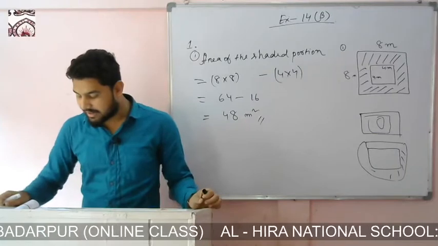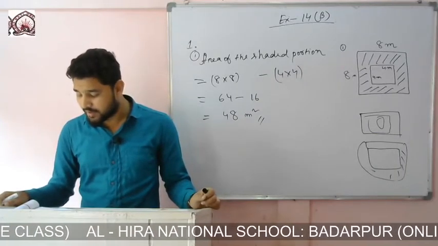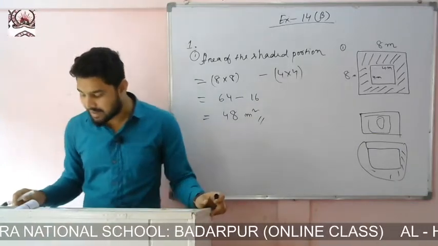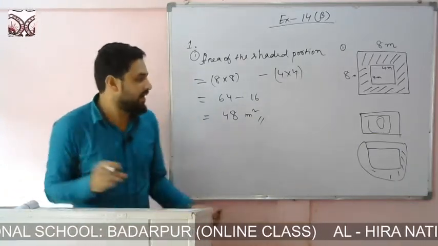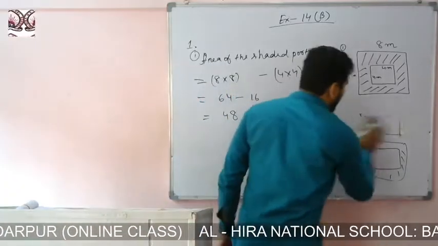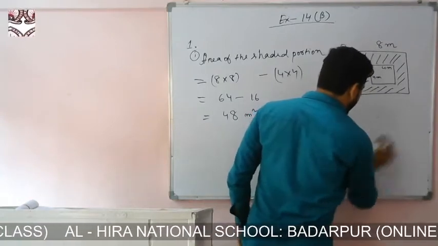Length is 24 meter and breadth is 20 meter, and the area of the small rectangle is 22 meter and 18 meter. First let us draw the diagram.